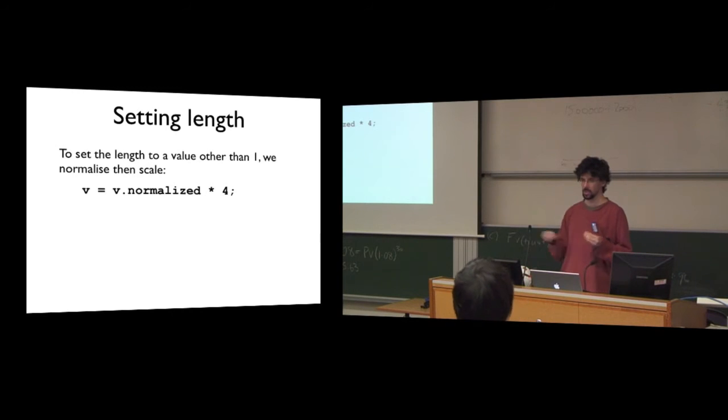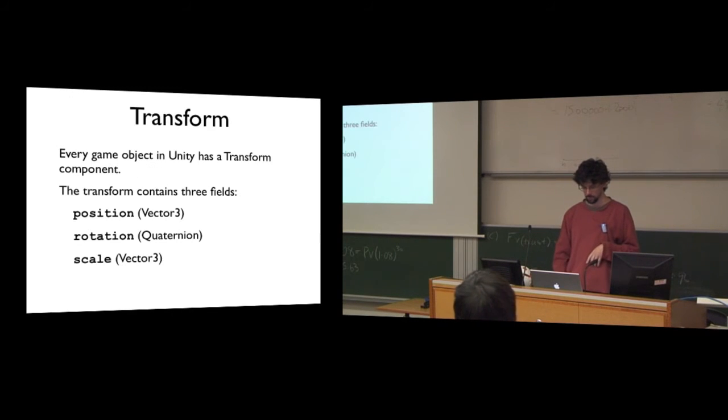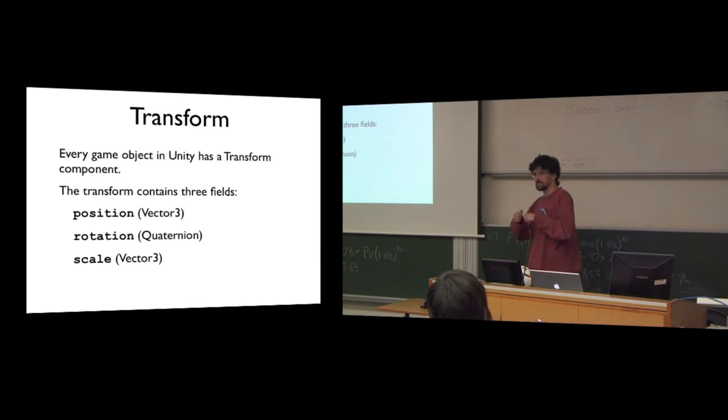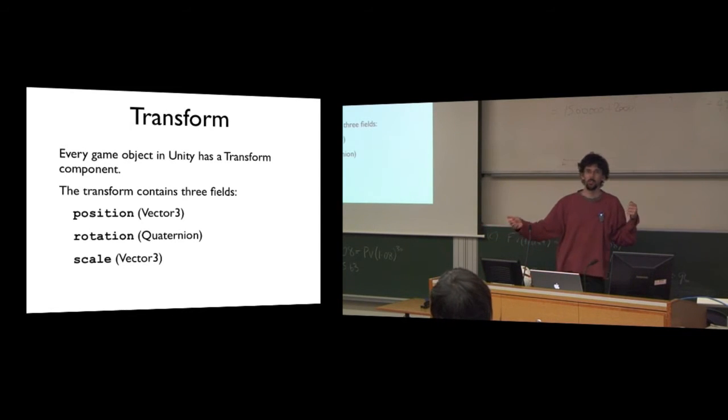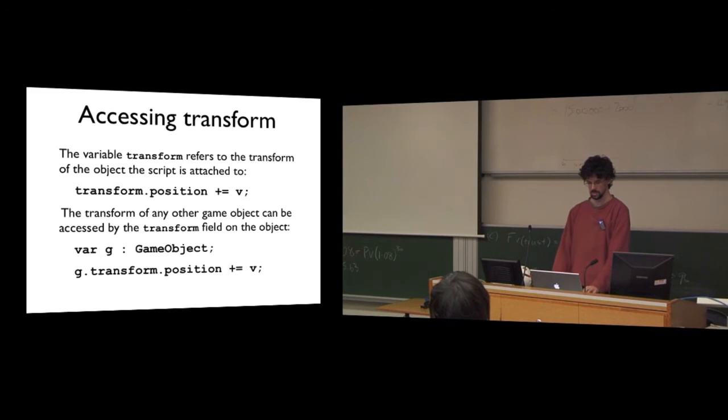Okay. So that's dealing with vectors. Then when you want to use them, usually we'll be using a vector for moving something around. And the way we move something around is to look at its transform component. So if we've got a game object in Unity, every object in the world has a transform attached to it. Like I said before, every object that we pick has one.